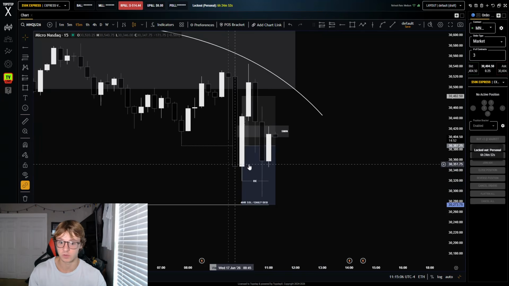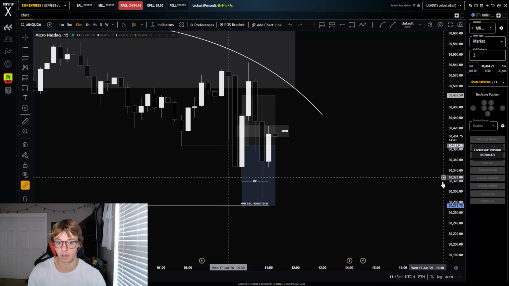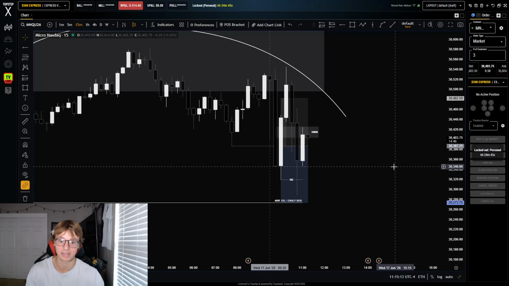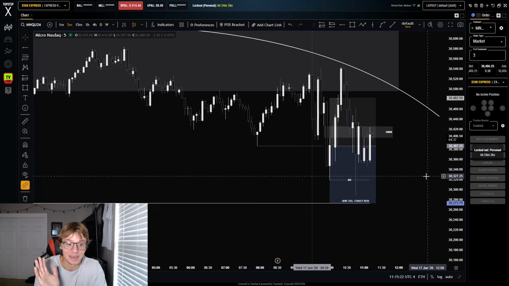Below the internal lows, the 15-minute candle closes at the extreme of the whole candle range. This is the most textbook trade entry, in my opinion.